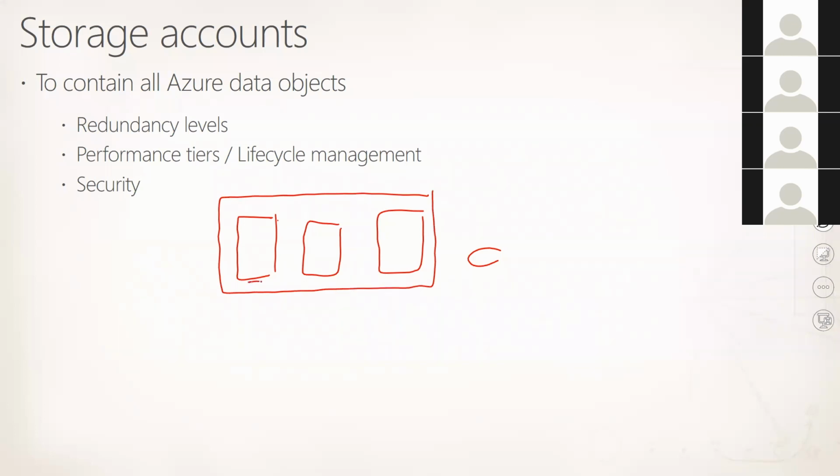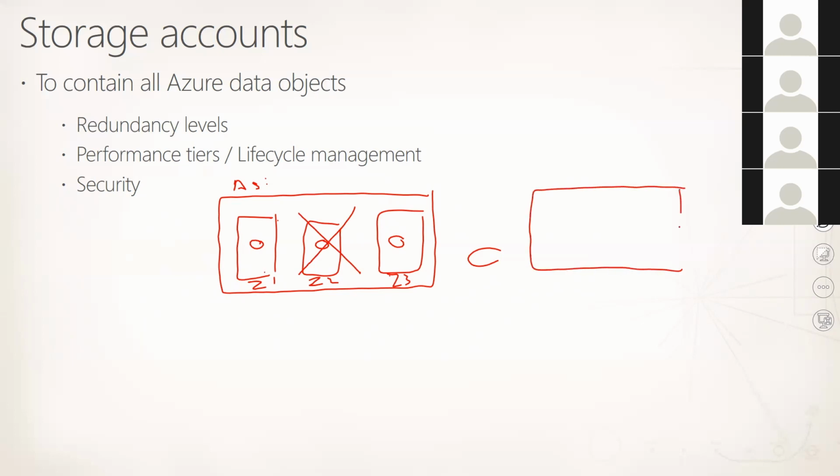That region can have different zones, maybe data centers in zone 1, zone 2, zone 3. For an example, let's say this is Asia, and in Asia, this is Singapore. In Singapore, we can have 3 data centers. If we had selected zone redundancy, it will have copies in the zones available. Let's say if one zone goes down, still we have 2 copies. This is one model.